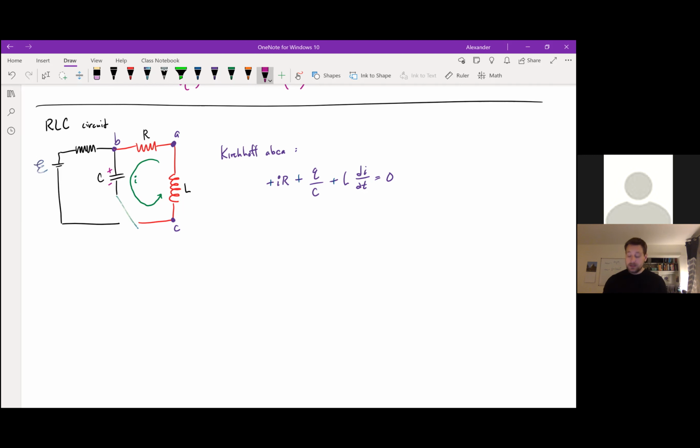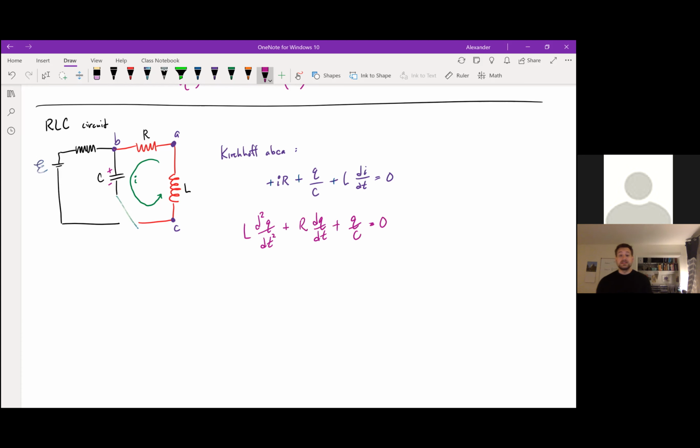Let's express everything in terms of the charge Q. Then we have L d squared Q dt squared plus R dq dt plus Q over C equals 0.